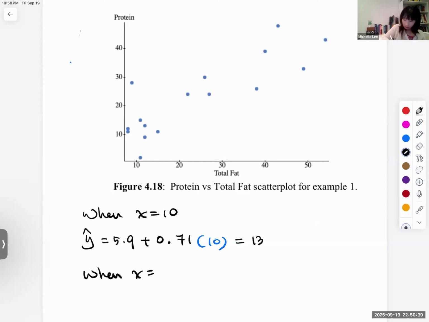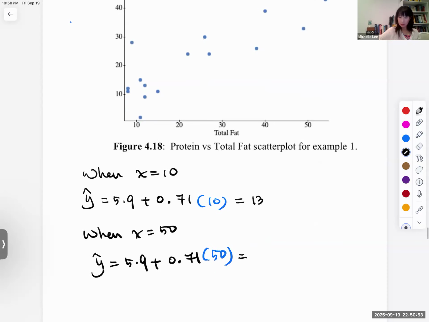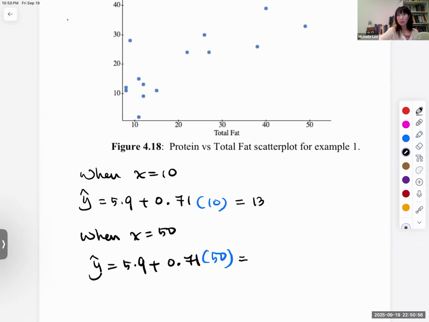When x equals 50, y hat equals 5.9 plus 0.71 times 50. Can you please calculate? It's 41.4. Good.